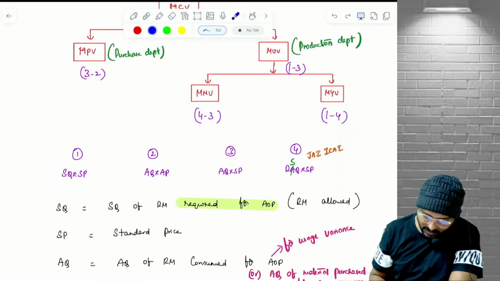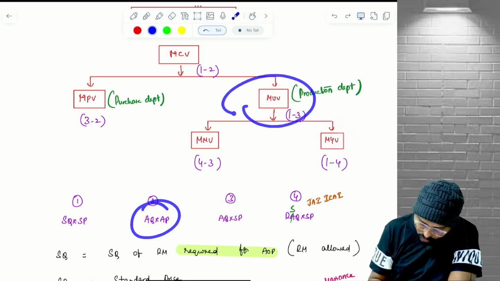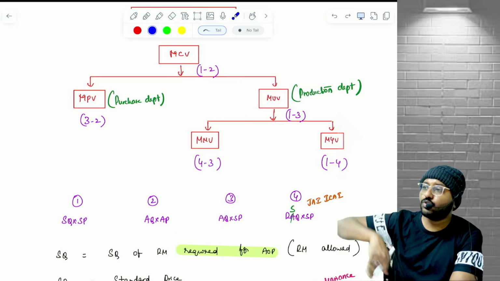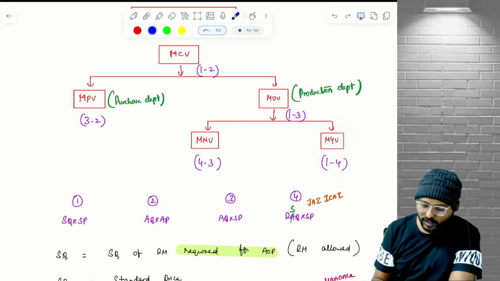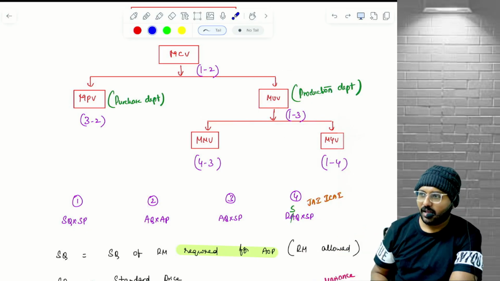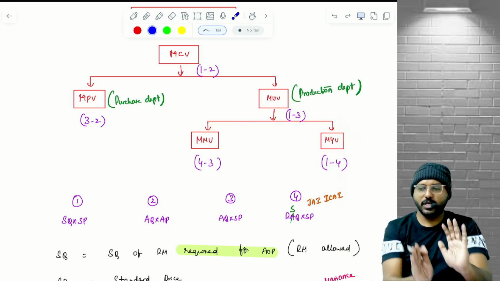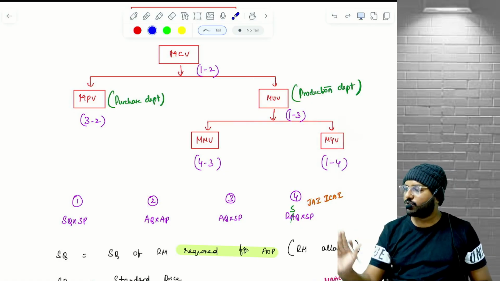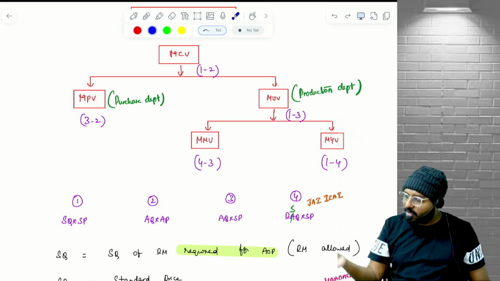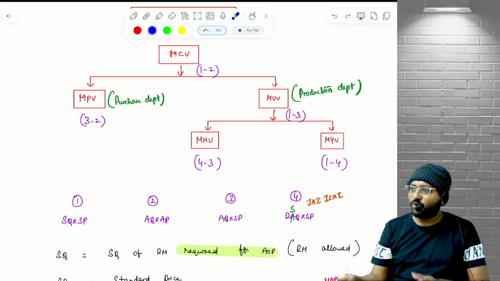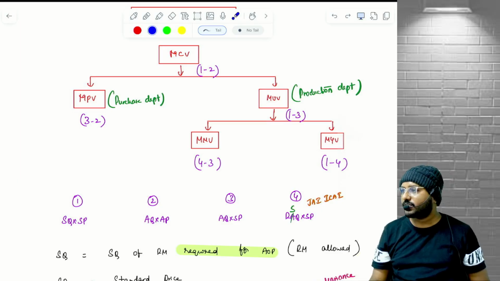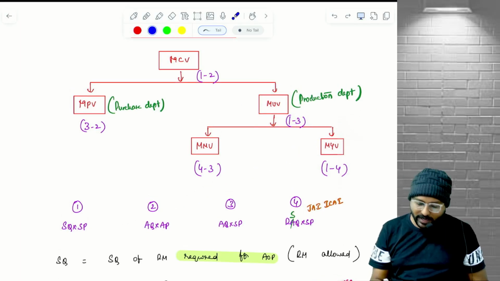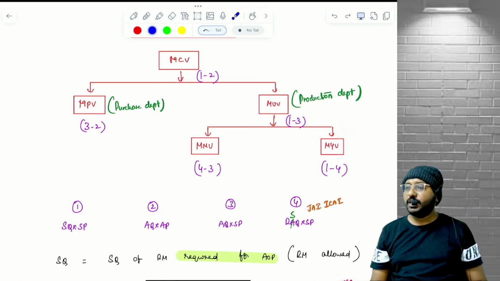But when you are using this AQ under usage variance, then AQ will be actual quantity of raw material consumed. Only if you consume, you'll know what the usage variance is. If you just purchase raw materials and keep them, will you know the usage variance? Usage variance means how many raw materials should be used. Initially, I've allowed a certain quantity, and how many you have actually used I'll come to know only when you use it. Are you able to understand? So here AQ should be AQ consumed, and there AQ should be AQ purchased.